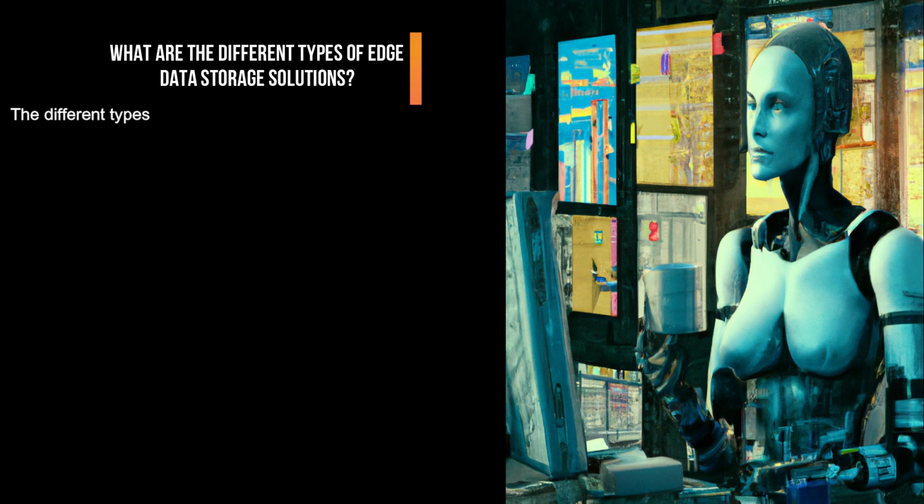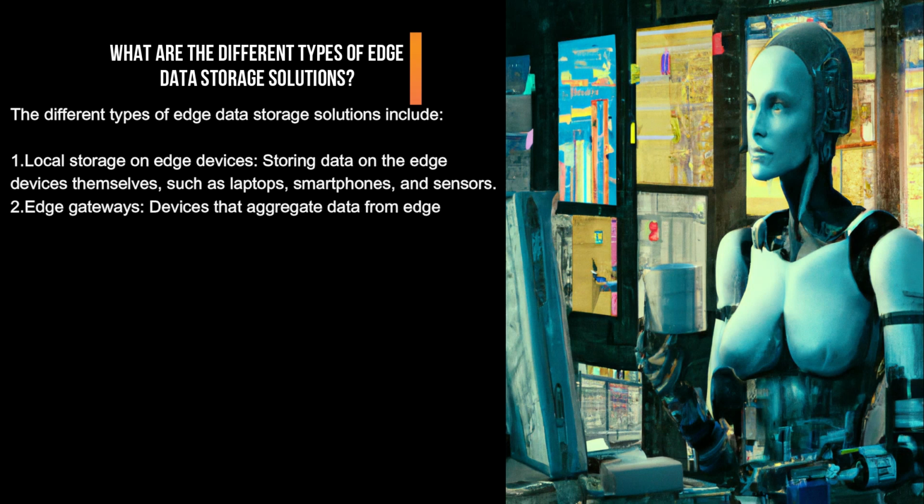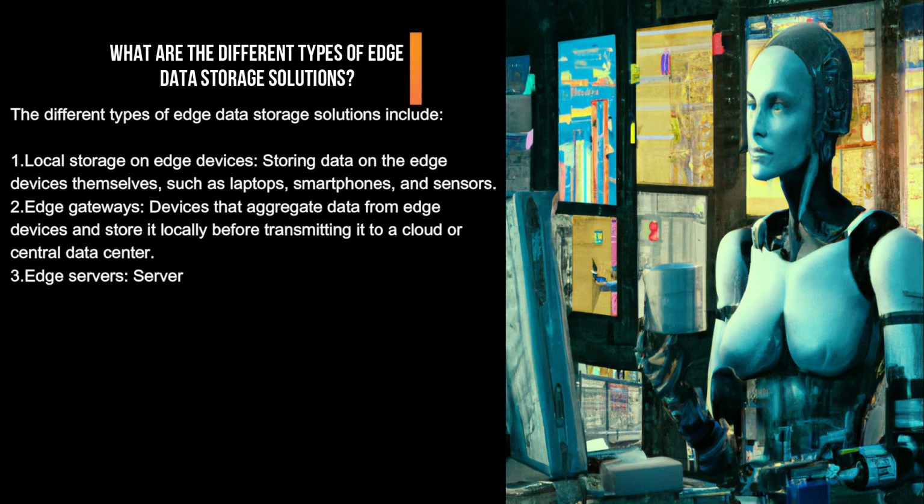What are the different types of edge data storage solutions? The different types of edge data storage solutions include: 1. Local storage on edge devices, storing data on the edge devices themselves, such as laptops, smartphones, and sensors. 2. Edge gateways, devices that aggregate data from edge devices and store it locally before transmitting it to a cloud or central data center. 3.